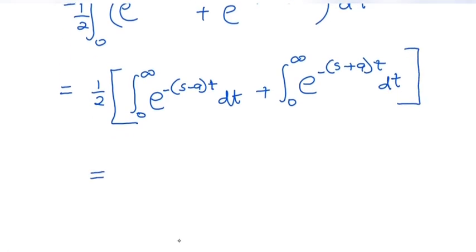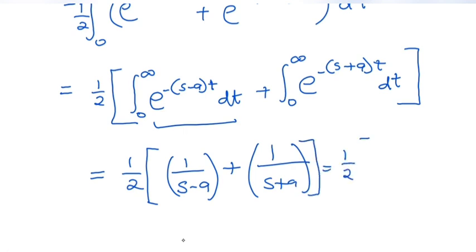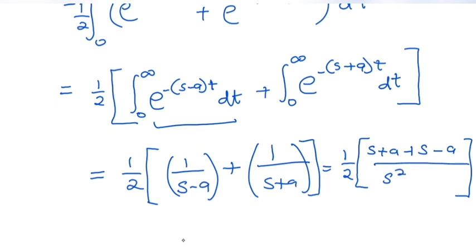This is just 1 over 2 times this whole guy here, which is going to give us 1 over s minus a plus 1 over s plus a. And if you do the algebra involved, this is just going to give us (s plus a plus s minus a) all over s squared minus a squared.